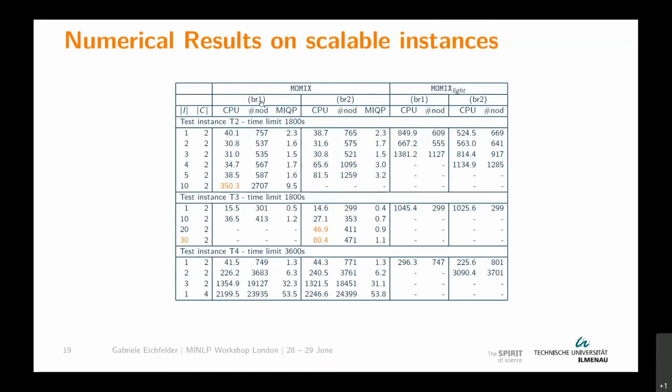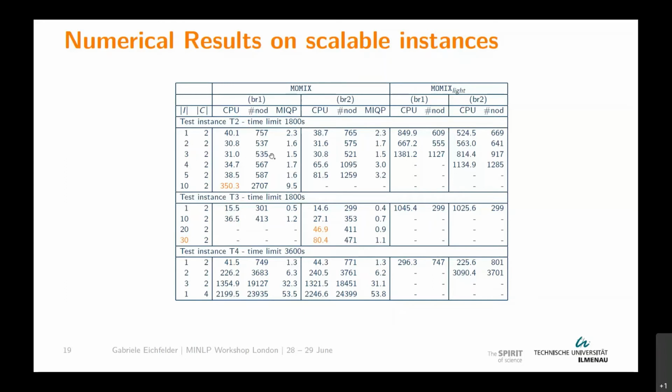So what you can see here is branching rule number 1, branching rule number 2. This is MOMIX, which means that we did this additional discarding test, which required to solve a mixed integer optimization problem. But we only did this for quadratic instances, and then we used Gurobi for solving the subproblems. And MOMIX Lite means that we just solved convex single objective problems, and we did not do this more advanced discarding test.